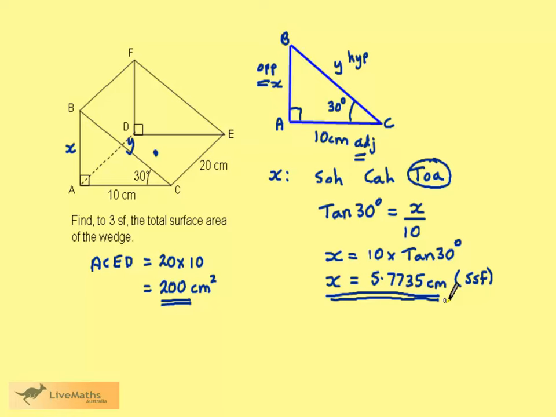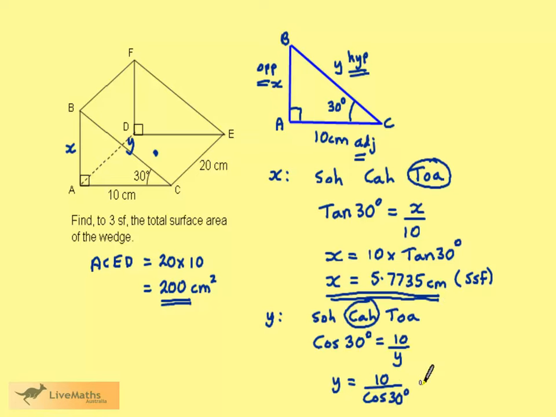A and H means CAH, so the cosine of the angle is equal to the adjacent, which is 10, divided by the hypotenuse, which is y. We've seen this before and know the y and cos 30 swap places, so y is 10 divided by the cosine of 30. Calculating this gives 11.547 centimeters correct to 5 significant figures.